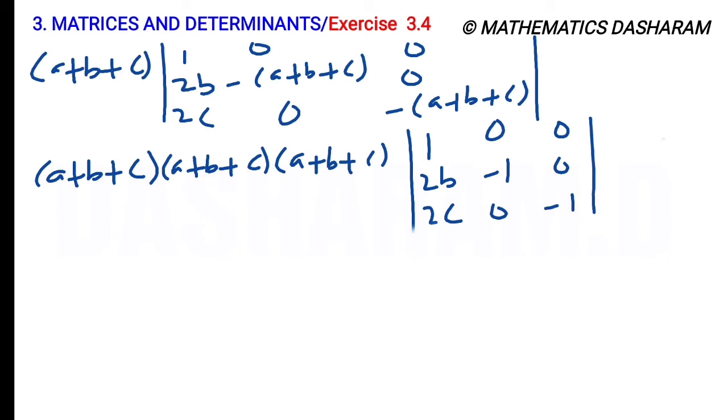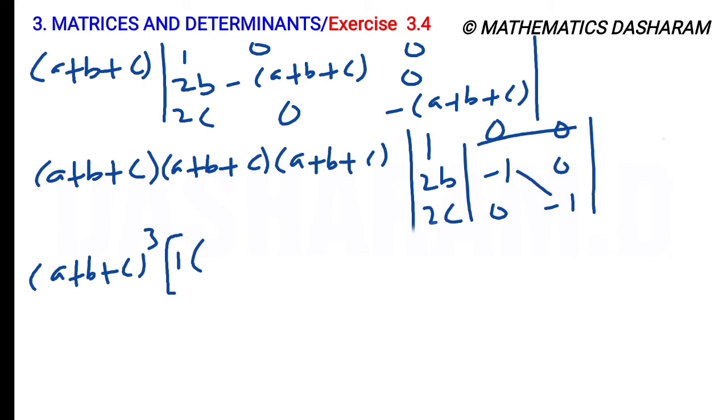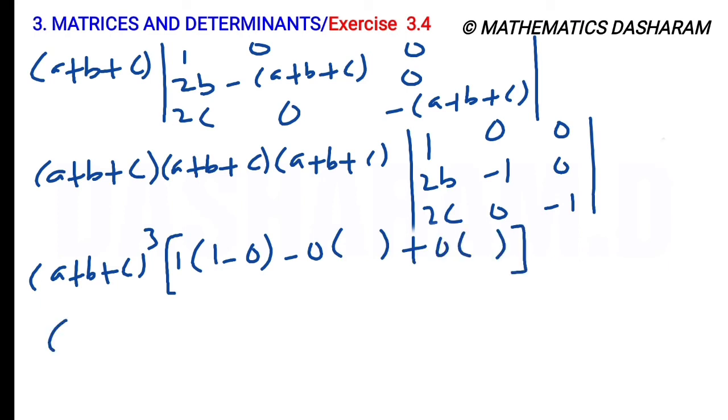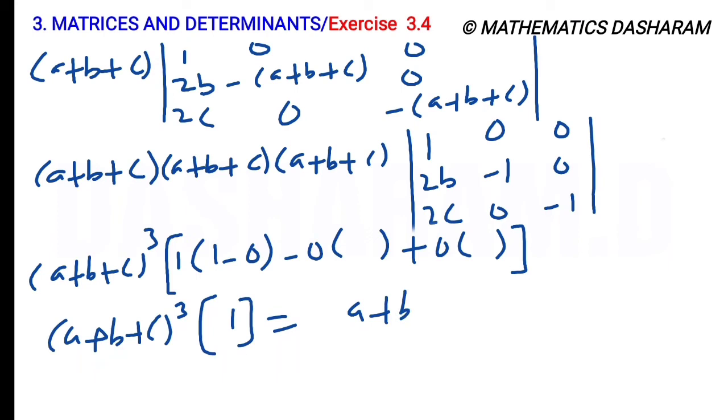So now expand the first row. So it is equal to A plus B plus C whole cube. If you expand in the first row, the first element is 1, so cancel it. So 1 minus 0, and the second element is 0, and the third element is 0. So it is equal to A plus B plus C whole cube, and its total answer is 1. So the final answer is A plus B plus C whole cube.